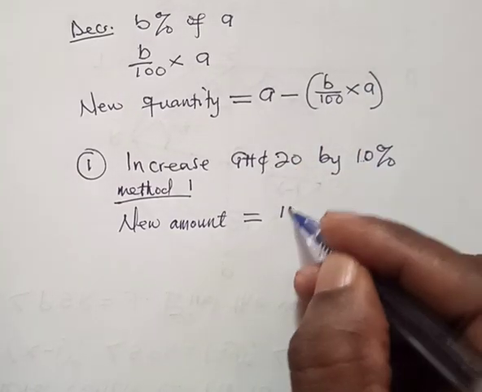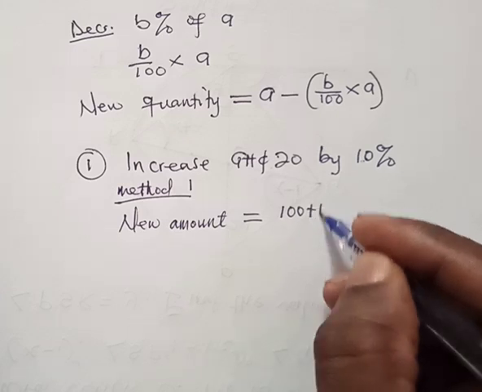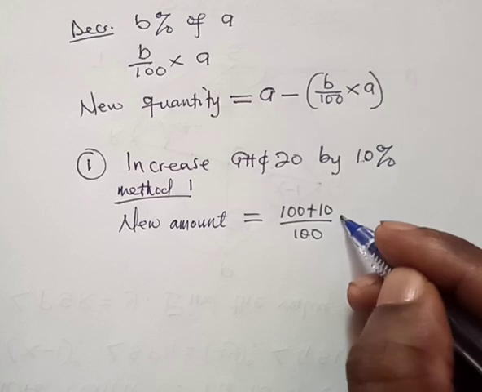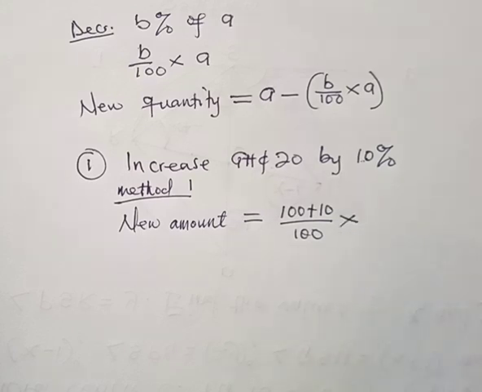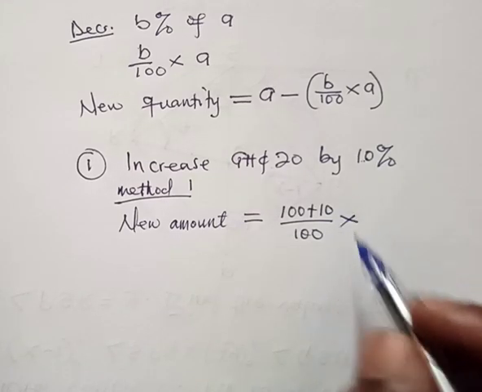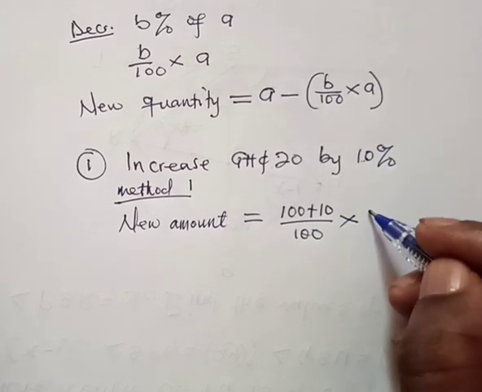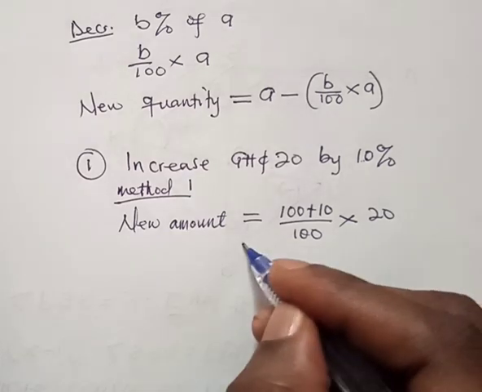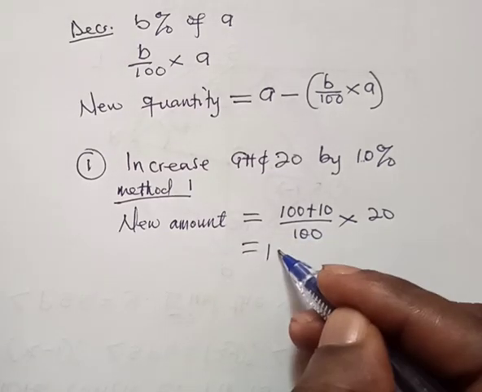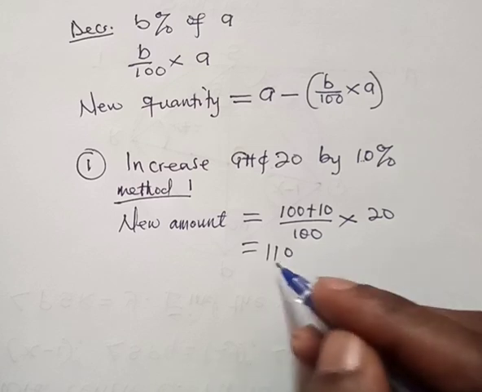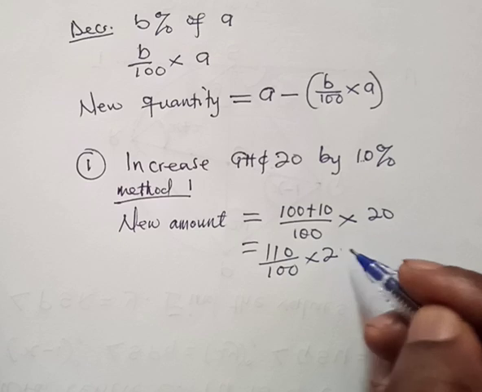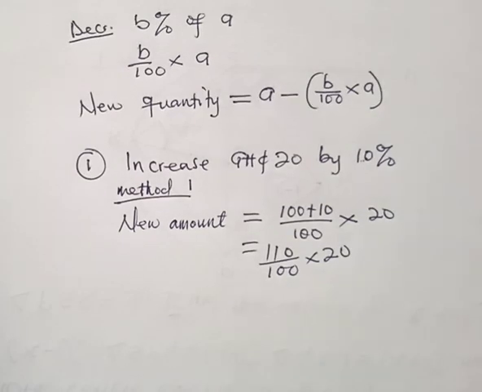So I'm going to add 100 plus 10, all divided by the 100, then times the original amount. What is the original amount? My a, which is the 20. Have you gotten the point? Great. So that you get 110 divided by 100 times 20.